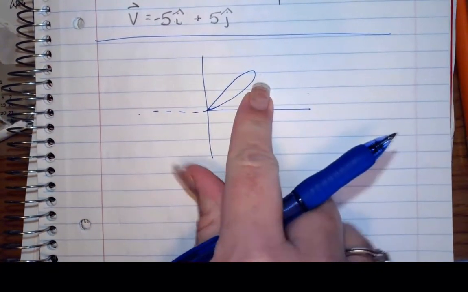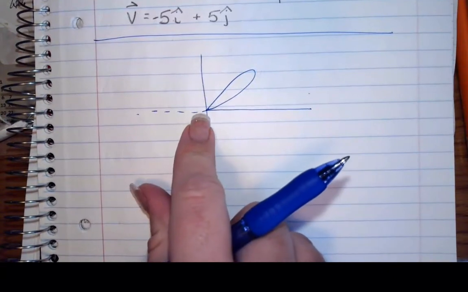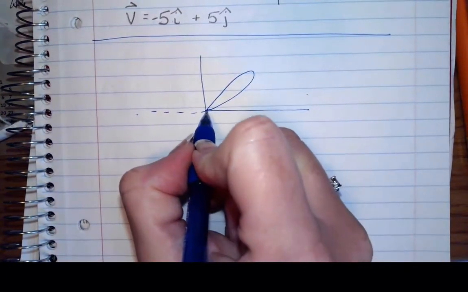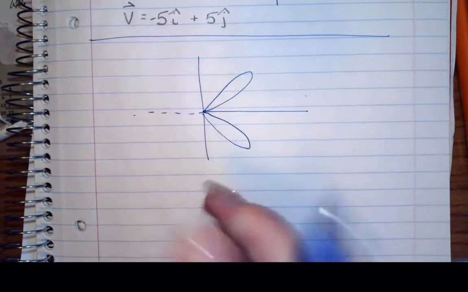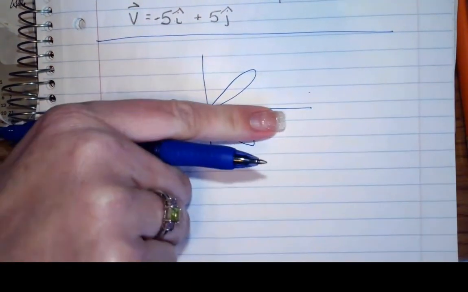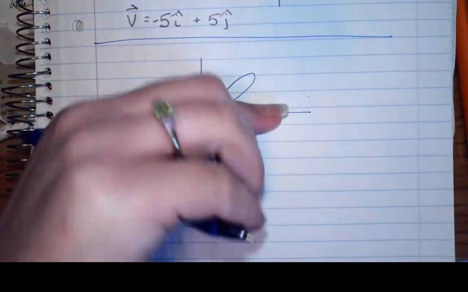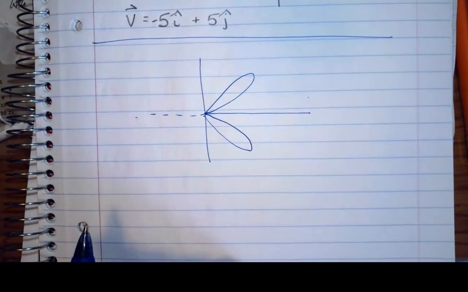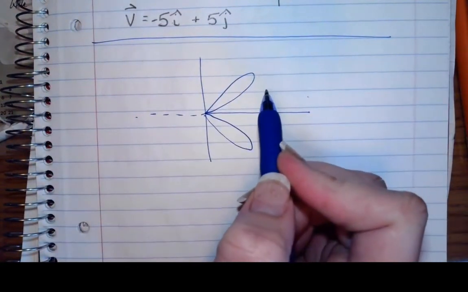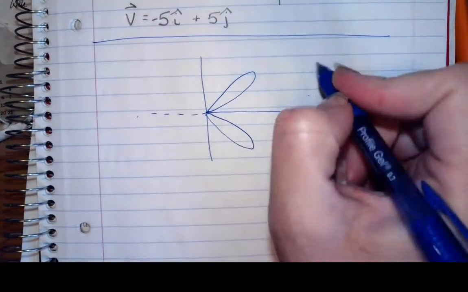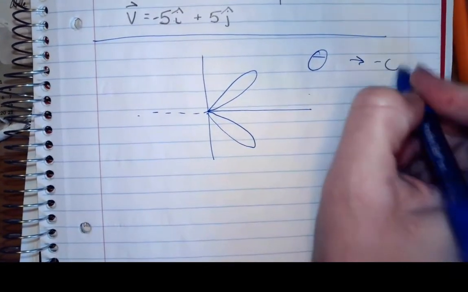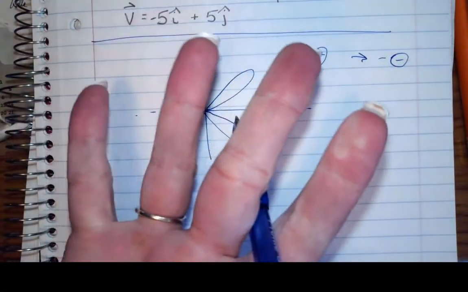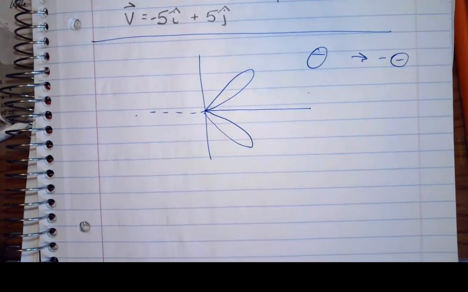If I replace it with a negative theta, then I'll have the reflection down here, because instead of swinging up to a positive angle, I'll be swinging down with a negative angle. So I just replace my theta with a negative theta, and if it reduces out the same, then it's symmetric across the polar axis.